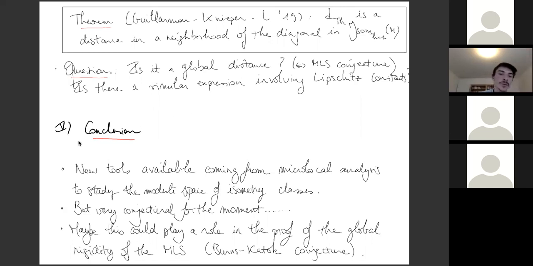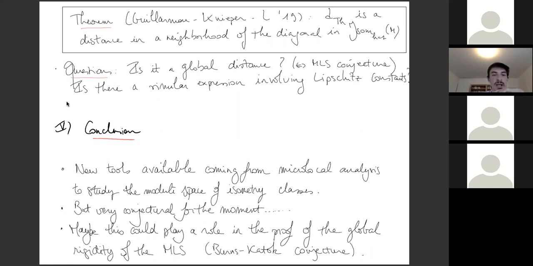Now, there are plenty of natural questions, and once again, one can wonder whether this is a global distance, just as in the case of Teichmüller space. But of course, this is more or less equivalent to the marked length spectrum conjecture, so it's probably a very, very difficult question. And you can also ask whether there is a similar expression involving Lipschitz constants, just as for Teichmüller space.